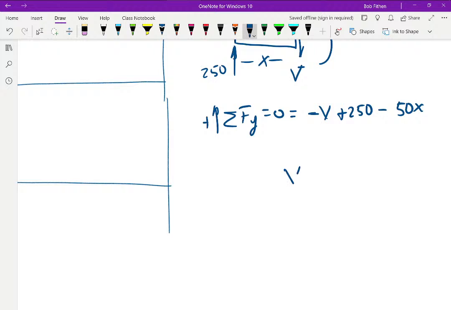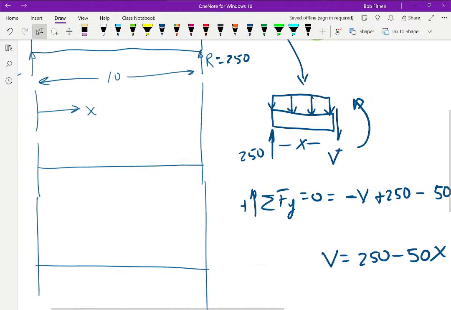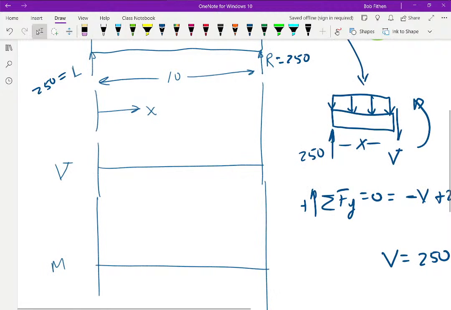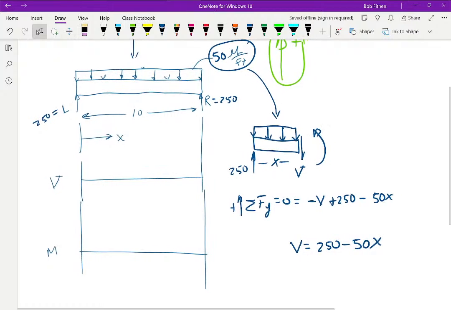So that means V is going to be 250 minus 50x. And that's going to maintain itself throughout the entire diagram.